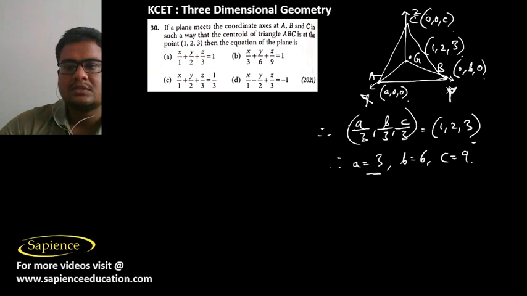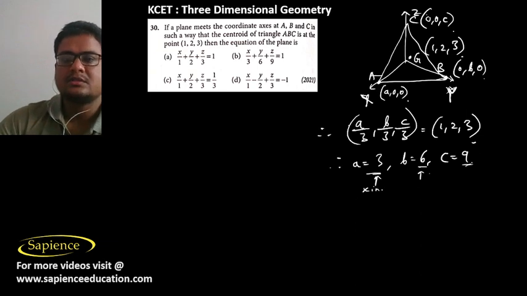So this 3 is called the x-intercept of the plane, 6 is the y-intercept of the plane, and C is the z-intercept of the plane.